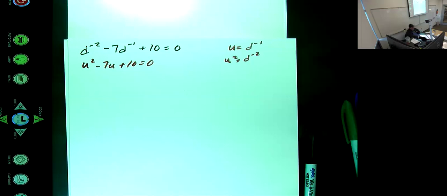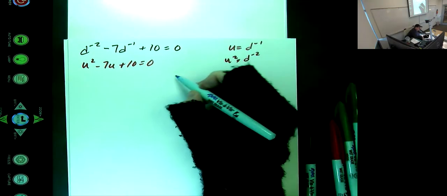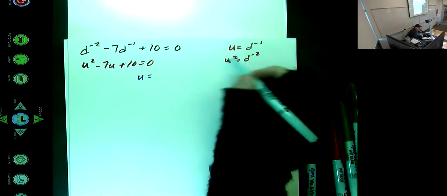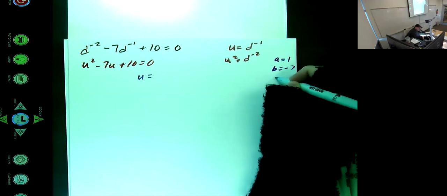This factors, but just for practice, since we covered quadratic formula today, I'll do it again real quick. A is 1, B is negative 7, C is 10.